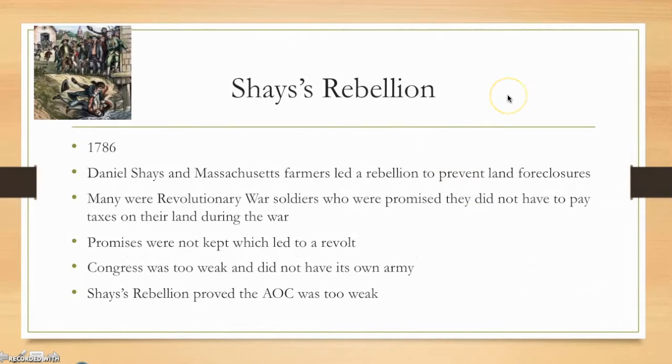So Shays' Rebellion was an event that took place that really helped our country realize how weak the Articles of Confederation was. It occurred in 1786 with a farmer by the name of Daniel Shays. This occurred in Massachusetts, and Daniel Shays and other farmers led a rebellion to prevent land from being foreclosed.